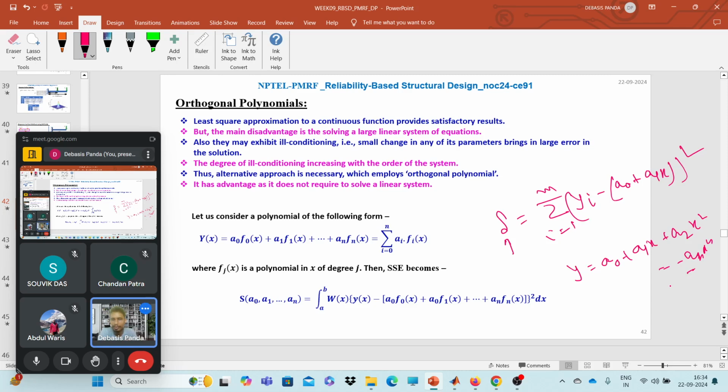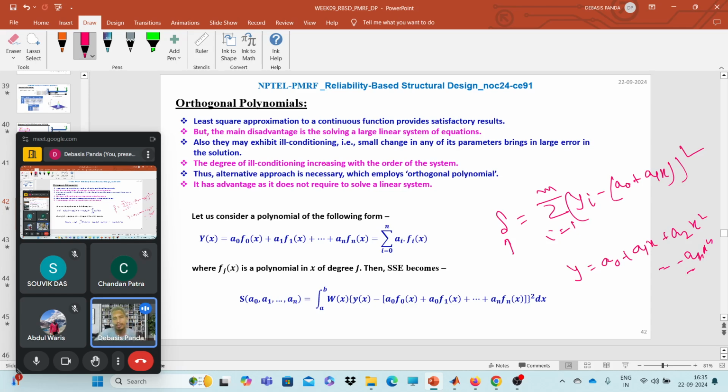Yes, and that is precisely done using the orthogonal polynomials, using the orthogonal properties. What are the orthogonal properties? If i equals j, you will get a value. If i is not equal to j, you will not get any value. Like the orthogonal property: if fi is multiplied by fj, when i is not equal to j, it gives you 0, and if i equals j, it gives you fi or fi square. So half of the simultaneous equations will be reduced.